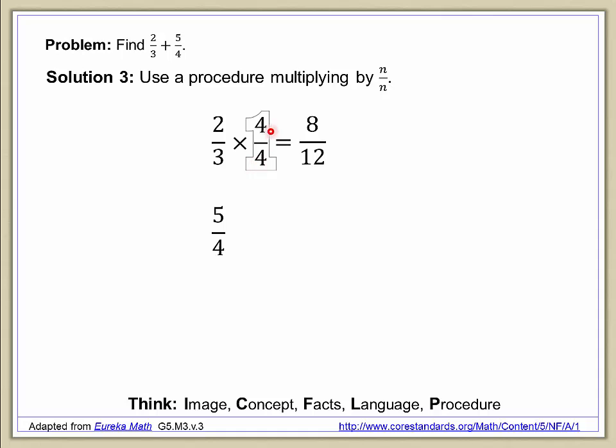And so what we've done, multiplying by 4 over 4, is multiplied by 1. That's a good way for students to recognize that we haven't changed the amount. The value 2/3 as a number is exactly the same as the number 8/12.